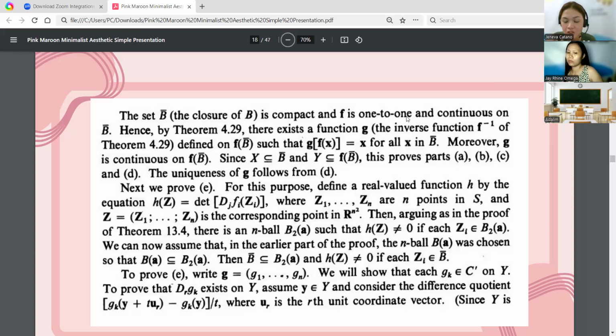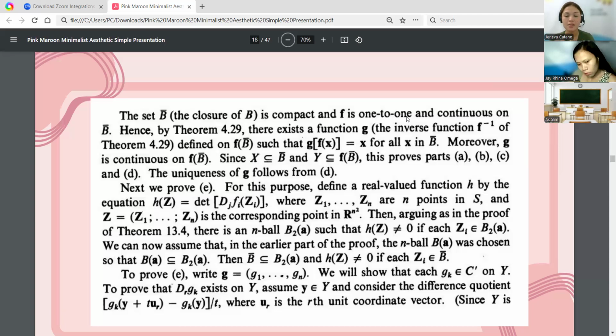We will show that each g_k belongs to C' on Y. Okay, so to prove that D_r g_k exists in Y, assume that y belongs to Y and consider the difference quotient [g_k(y + t u_r) - g_k(y)]/t, where u_r is the r-th unit coordinate vector.